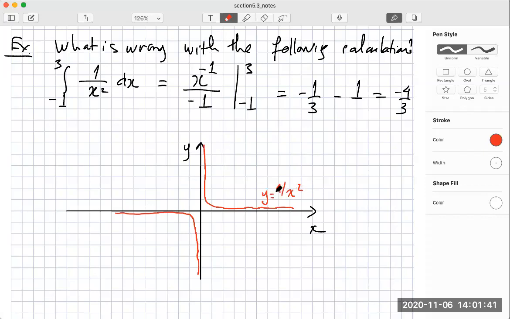Then the graph of this guy is like this. And the interval we consider is from negative 1 to 3. It includes a discontinuous point at 0 here, right? So we should be careful because, and furthermore, this integrand, is it positive or negative?